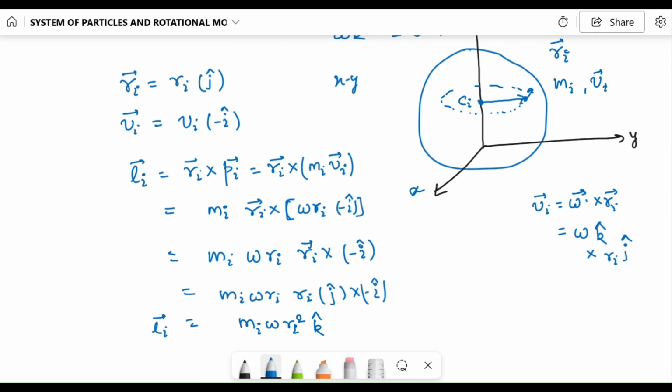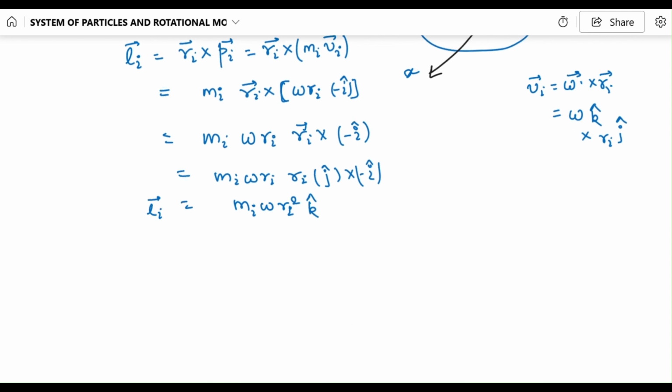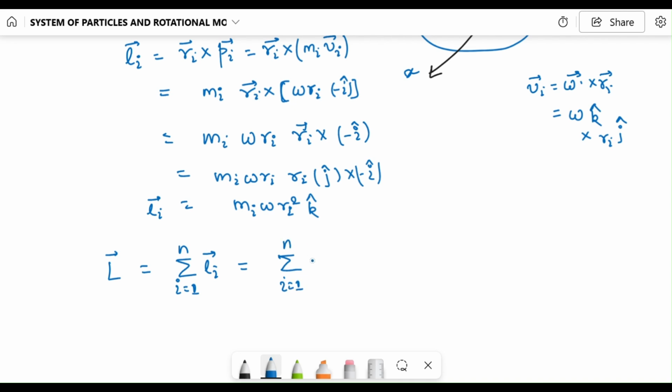Now, if we want to know the total angular momentum, we have to sum this Li over n number of particles. So we can write the summation, i equals 1 to n, of mi ri square omega k cap.